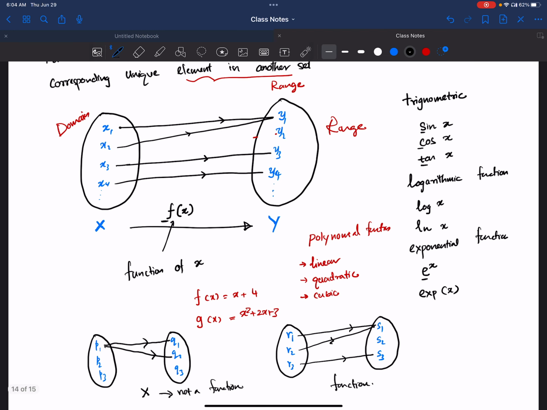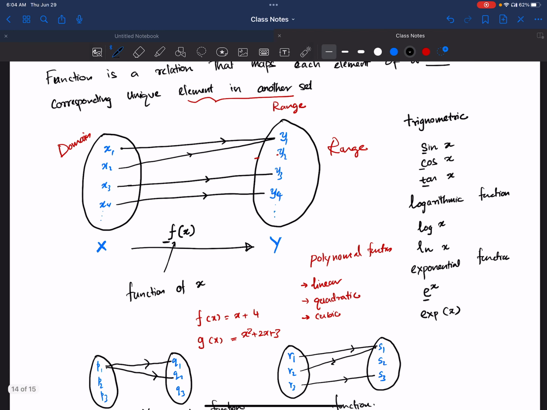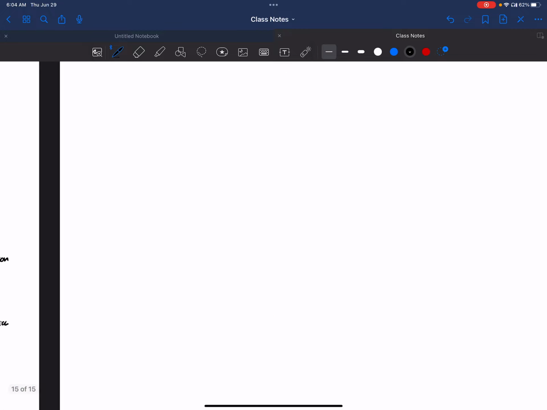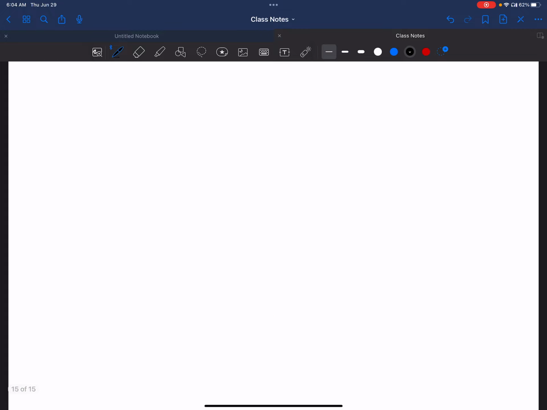Now, how do we determine this? There's an easy, graphical way of determining this. We call that the vertical line test.